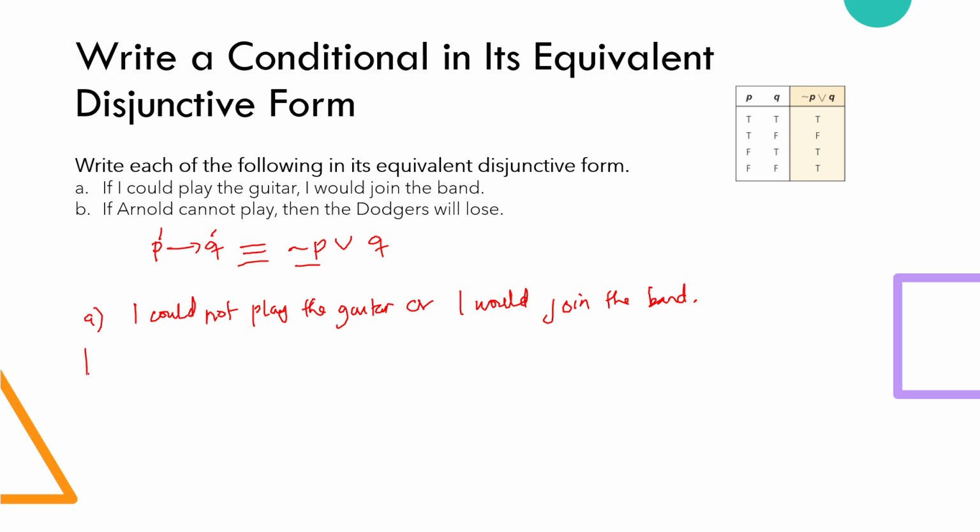For letter B, we have here if Arnold cannot play, then the Dodgers will lose.